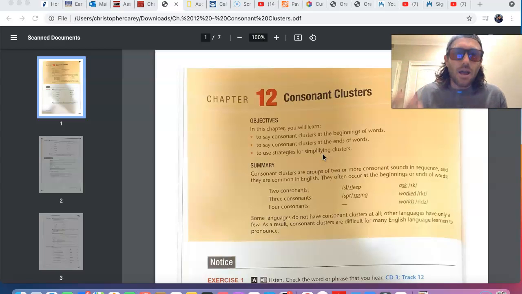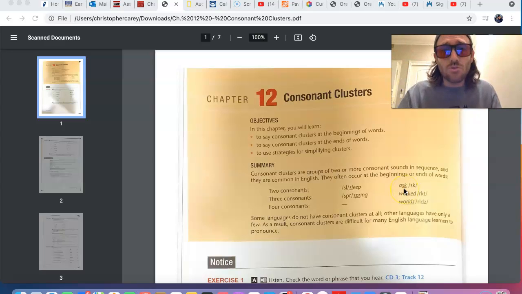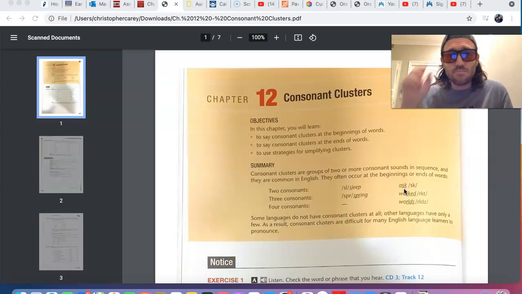It can be tiring to fully articulate, to fully pronounce these words. Ask. There are native English speakers that don't do this. For example, there's a dialect of English, Ebonics.